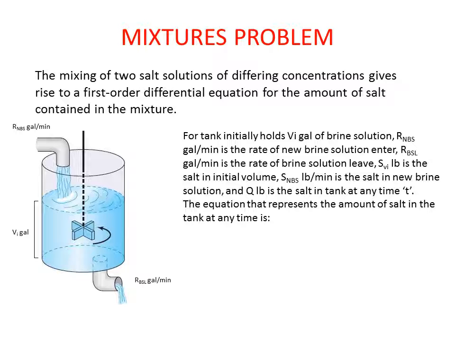So the equation that represents the amount of salt in the tank at any time is dQ over dt plus RBSL divided by VI plus RNBS minus RBSL times t, then whole times capital Q, which is equal to RNBS multiplied by SNBS on our right hand side.